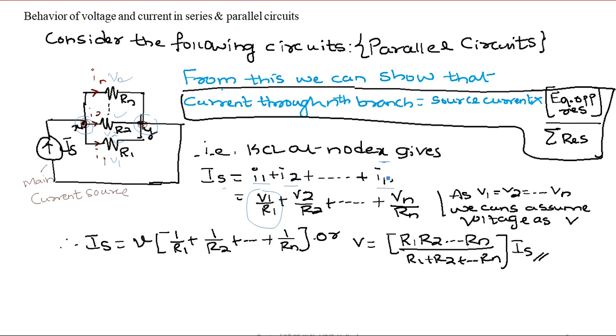If you use the condition that V1 and V2 are all the same, then instead of V1, V2 and V3 till Vn, wherever they exist, they can be replaced by V only, because the voltage is the same. If you use the same thing in the analysis here, what we get is Is is equal to V multiplied by 1 over R1 plus 1 over R2 till 1 by Rn.